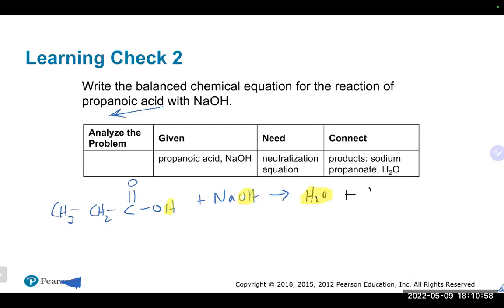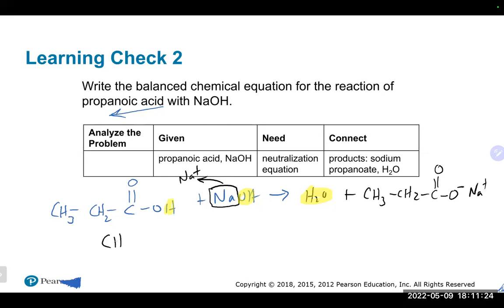So again, nothing else changes on the propanoic acid, except that obviously we got rid of the hydrogen at the end. That again makes it a negative charge as it loses that H plus. And this guy here, obviously, when he kind of goes away from the sodium hydroxide, does have a positive charge. So you could just write it like this, if you sort of drew out what's going on there.